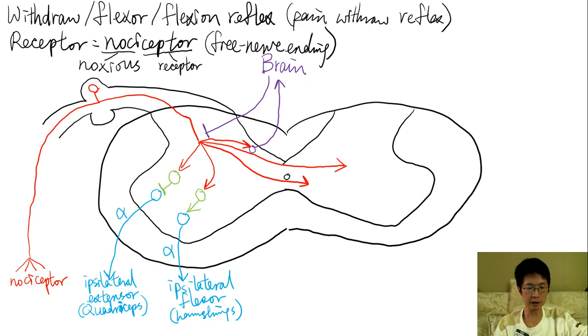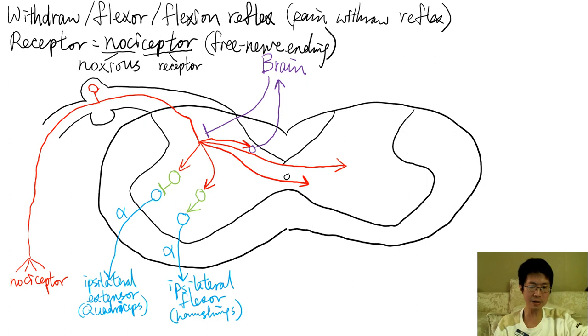On the other hand, the action potential will go to this branch and activate the excitatory interneuron, this arrowhead. This excitatory interneuron will trigger an action potential, and then at the synapse here, you will release glutamate. When glutamate binds to this alpha motor neuron, you will trigger an EPSP.